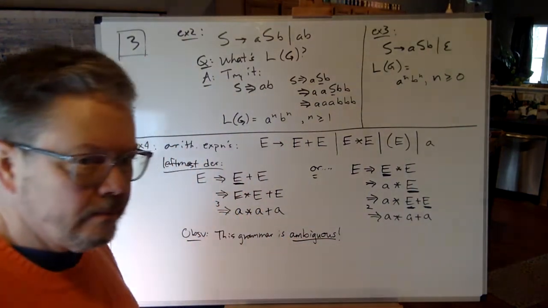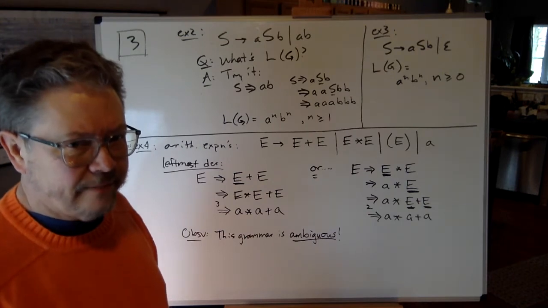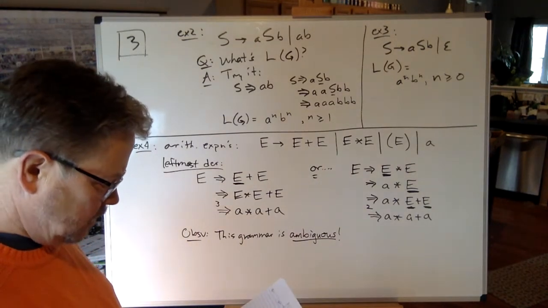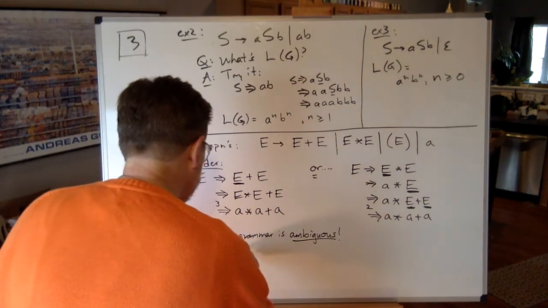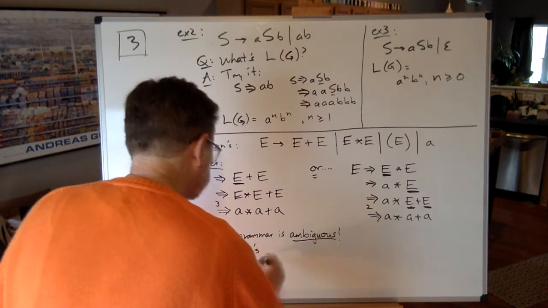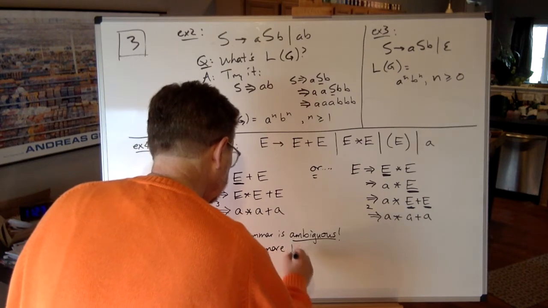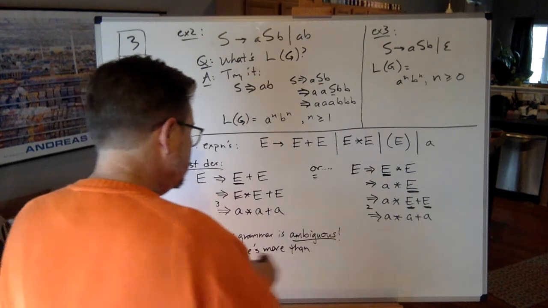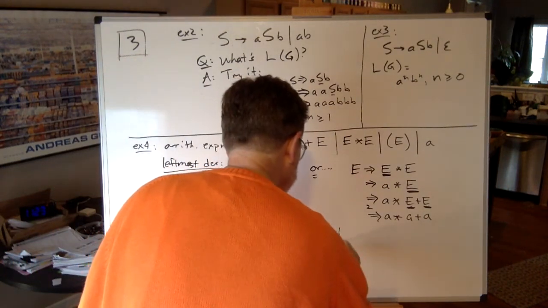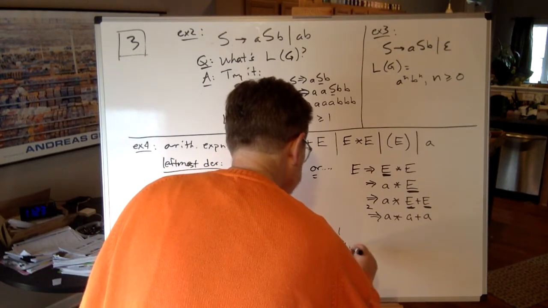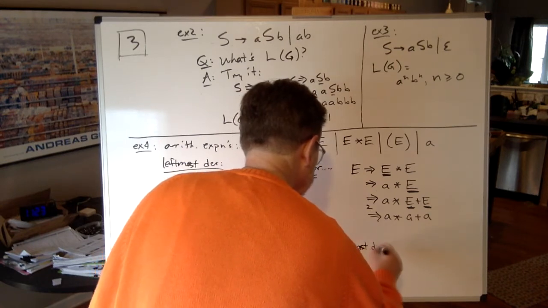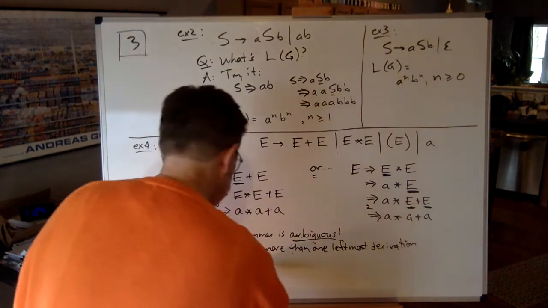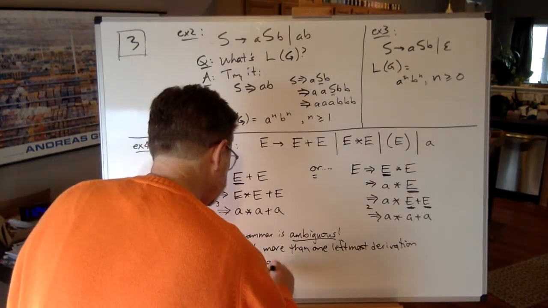Exclamation point! Because that's typically considered to be a bad thing. What does it mean that this grammar is ambiguous? There's more than one leftmost derivation that generates the same string.